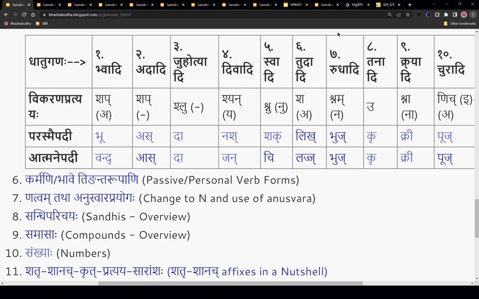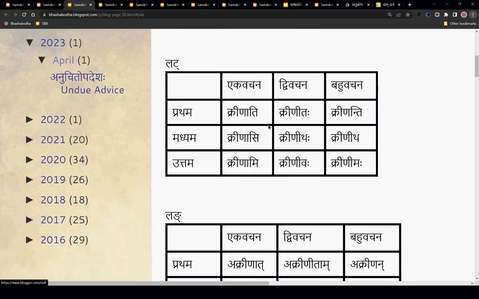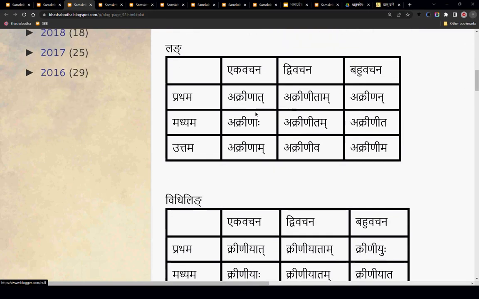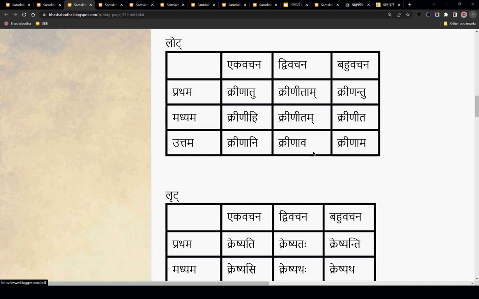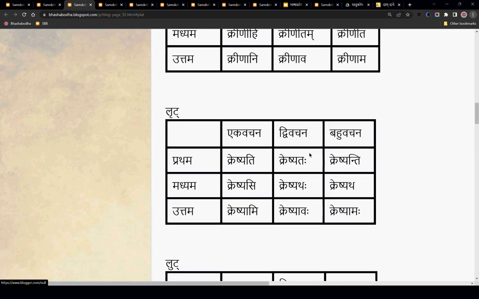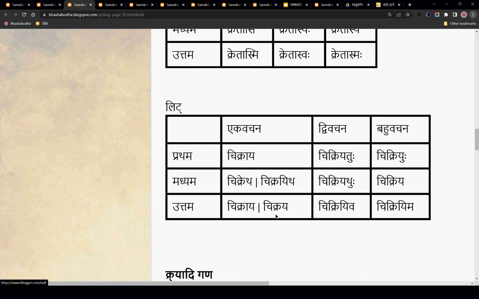So krinati, krinitah, krinanti, etc. Na comes between kri and ti, and krinat, kriniyat with ling, krinatu. But for other lakaras there is no na. So kreshyati, kreshyatah, kreshyanti, kreta, kretarau, chikraya, etc.